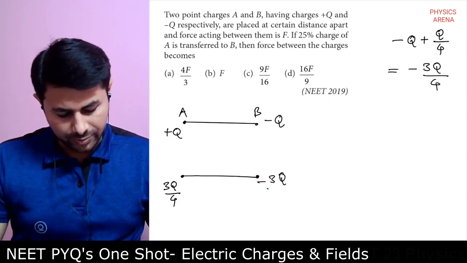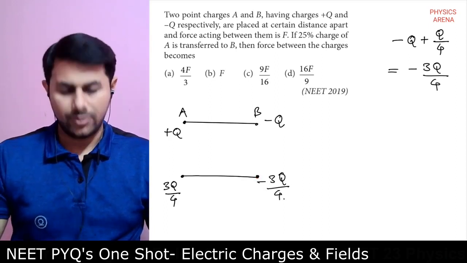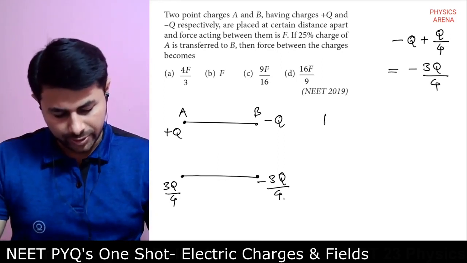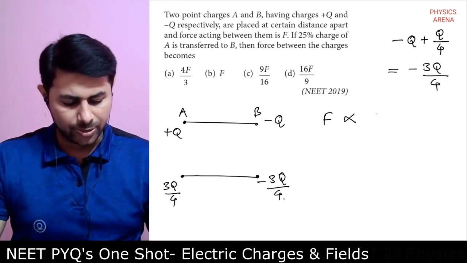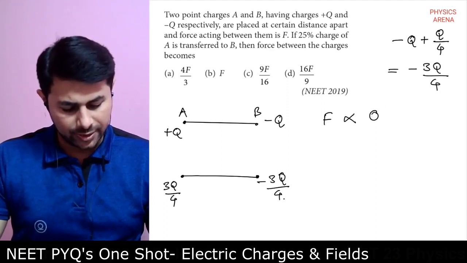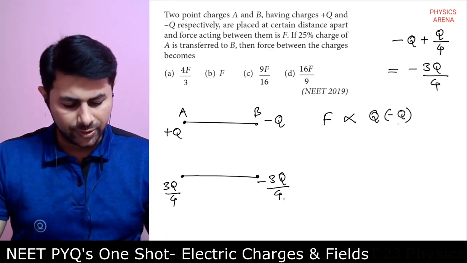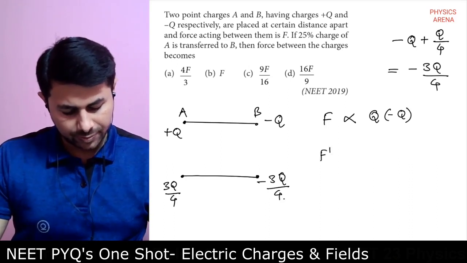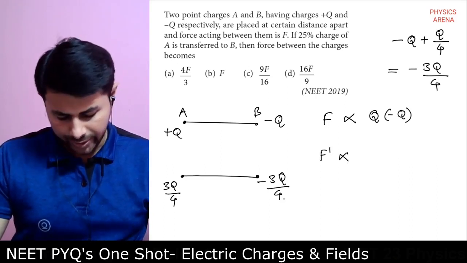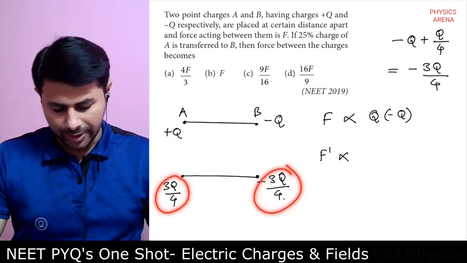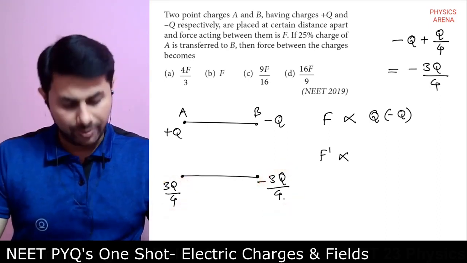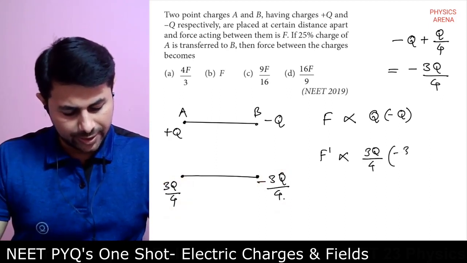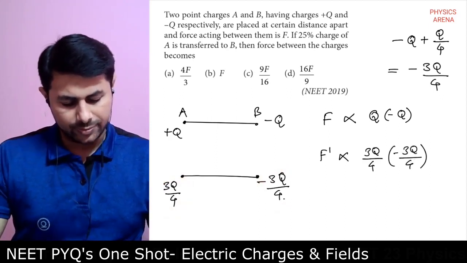Okay, so if distance is the same, this force F is directly proportional to the product of two charges, q multiplied by minus q, and F dash would be proportional to what? 3q by 4 multiplied by minus 3q by 4.